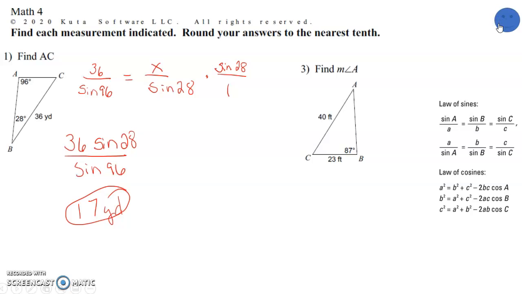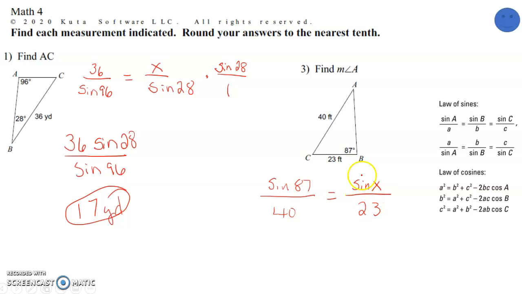Now this time it's asking us to find the angle, so we're going to use these right here where the angle's on top. I'm going to start off with the sine of 87 over 40 equals the sine of, we got that 23, so sine of A of x over 23.